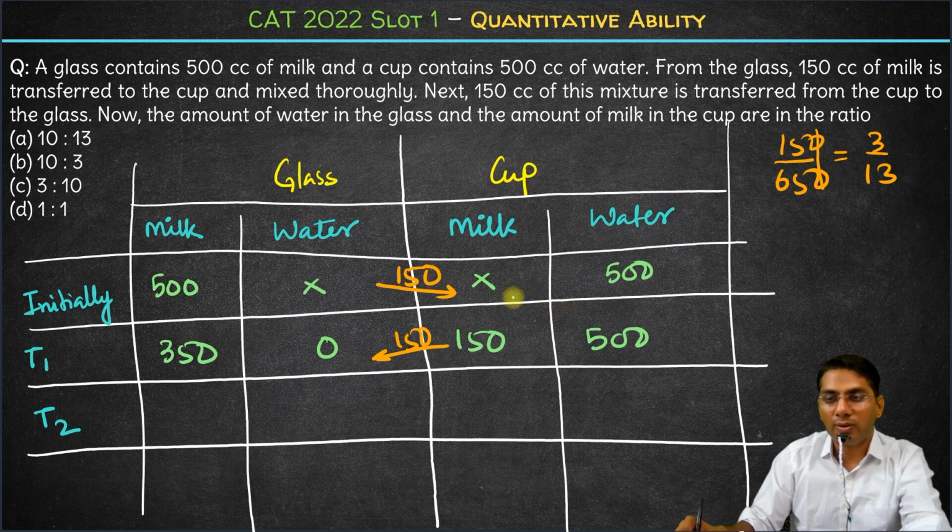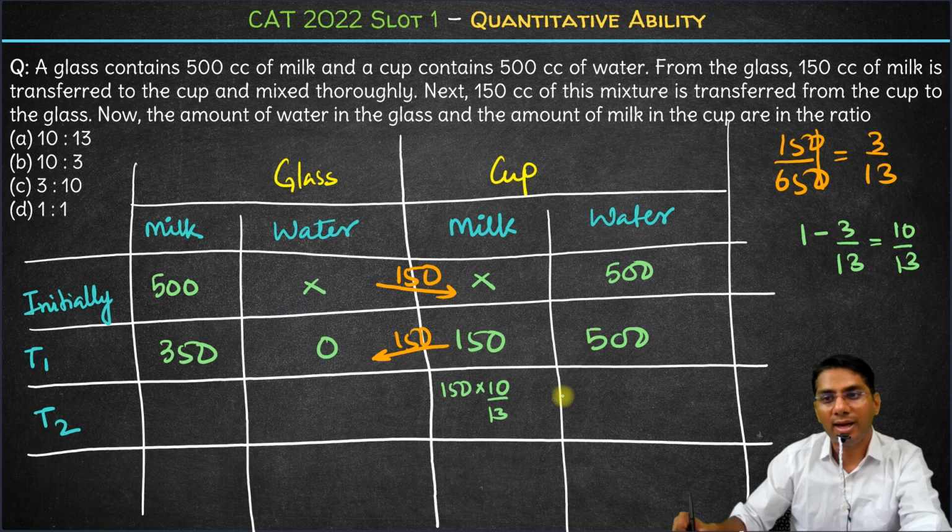So if 3 by 13th is transferred, the fraction remaining will be 1 minus 3 by 13th, which is 10 by 13th. The milk remaining in the cup will be 10 by 13th of 150 cc, and the water remaining will be 10 by 13th of 500 cc.